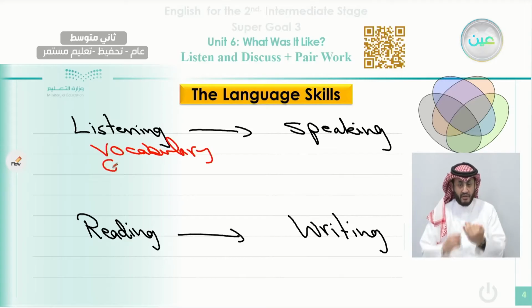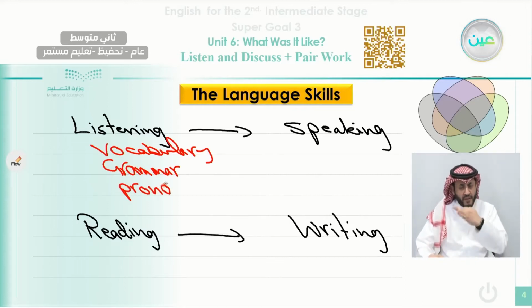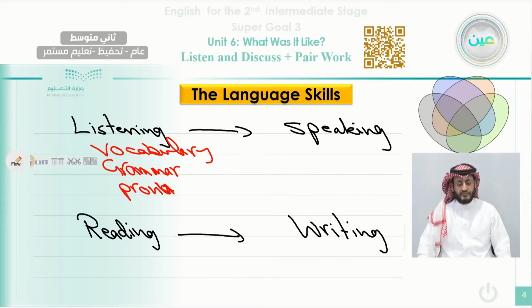Also, you will study grammar, because when you listen to good sentences, good structure of sentences, you also will learn pronunciation, how words are pronounced. Let me erase this one.